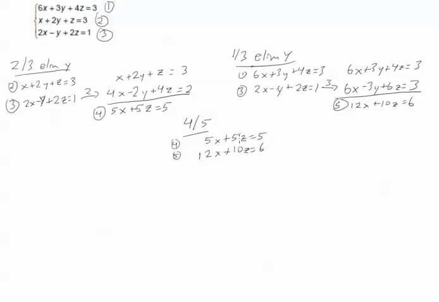I can eliminate my z if I multiply 4 by negative 2, and that'll give me same coefficient, opposite signs. And I get negative 10x minus 10z equals negative 10. This number 5 equation I'll keep the same, 12x plus 10z equals 6. Negative 10 there.